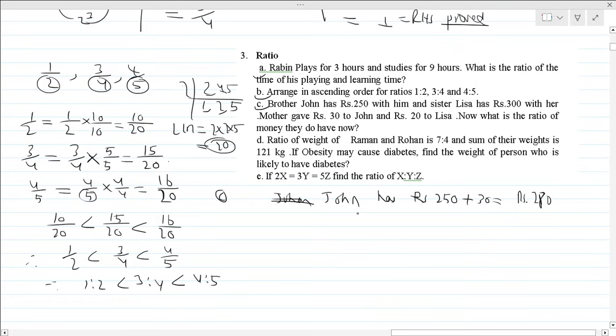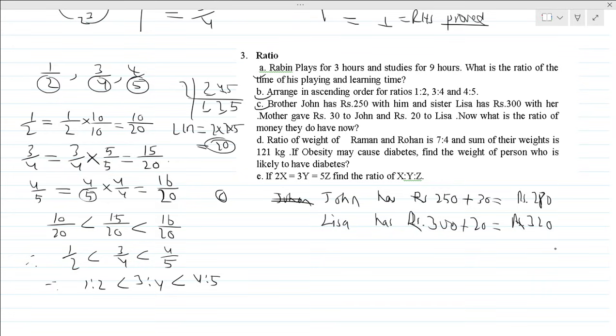And Lisa, initially she had 300 rupees and mother gave her 20 rupees, so now she has 320 rupees. So these are the amounts they have after their mother gave them some more money.